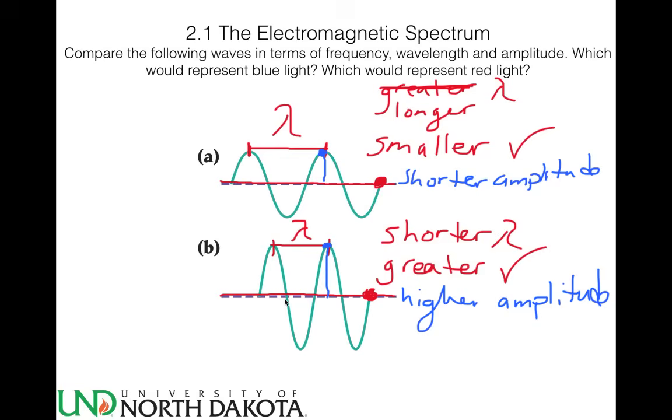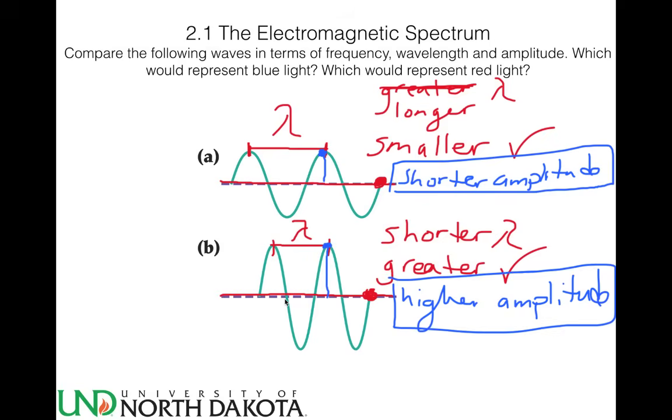And so that means that if this was visible light, wave A would be dimmer and wave B would be brighter. Now remember, amplitude doesn't characterize or distinguish different types of radiation from one another. You could have different types of radiation with the same amplitude.